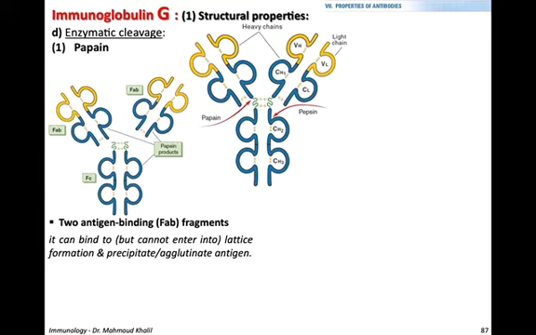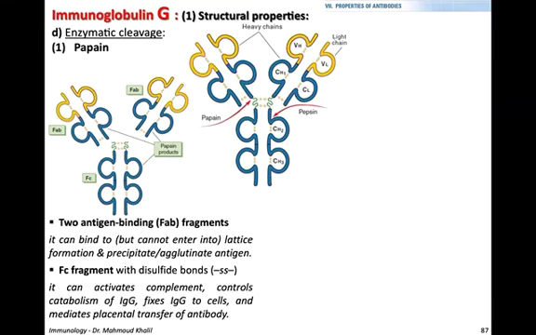These can bind to the epitope of the antigen as usual, but they cannot enter into a lattice formation. They cannot precipitate or agglutinate the antigen, because they have two separate Fab regions.